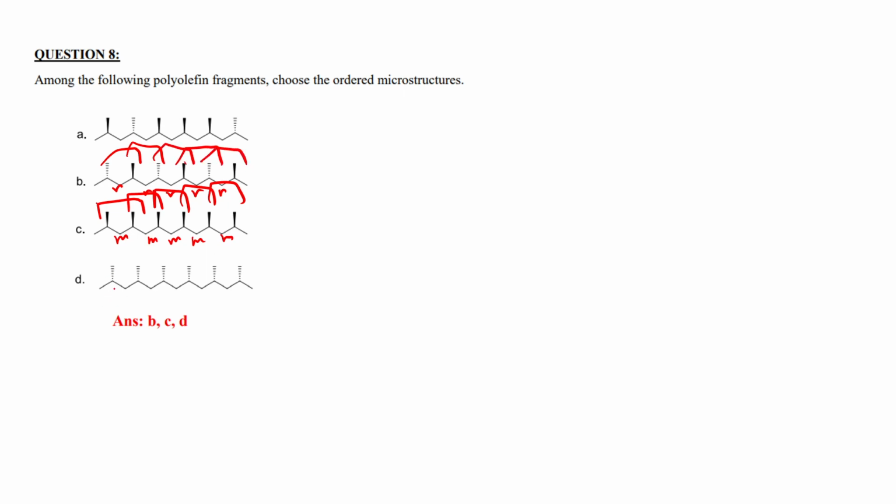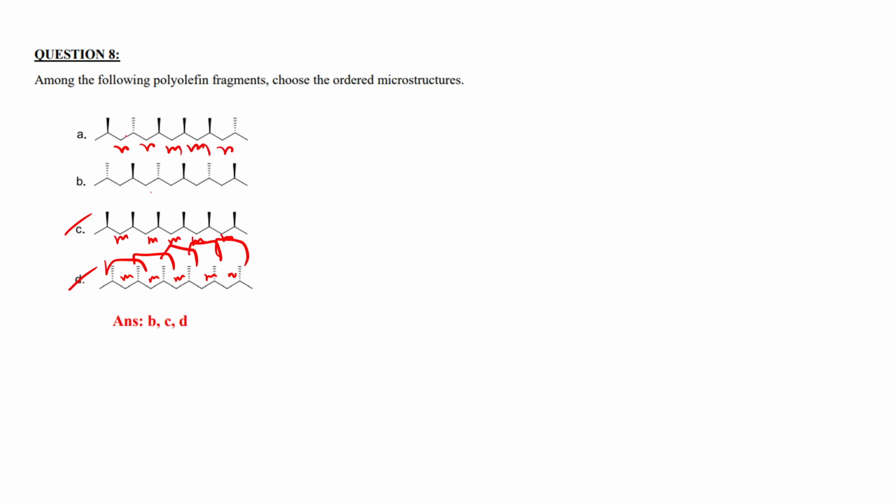Then it is also meso diads, so that are maintained like this. So B, C, D, all are ordered. For this case, what we are seeing is if it is racemic, they are then racemic, but here it is meso, again racemic.